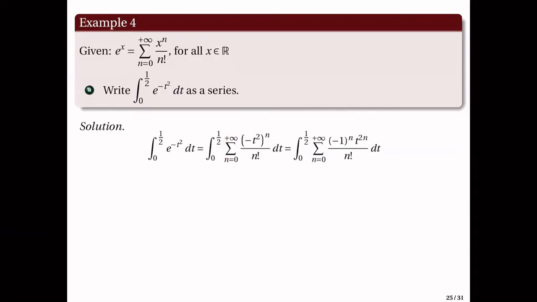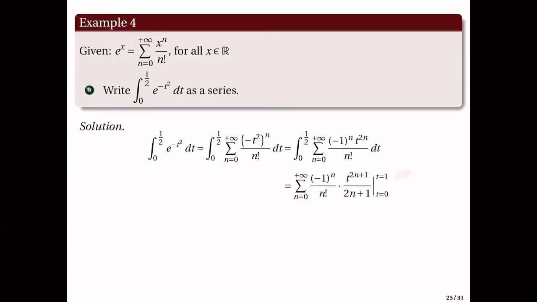Okay, so now we perform integration with respect to t, and we get this resulting series. So we have the summation from n equals 0 to positive infinity of negative 1 raised to n over n factorial times t raised to 2n plus 1 over 2n plus 1 evaluated from t equals 0 to t equals 1.